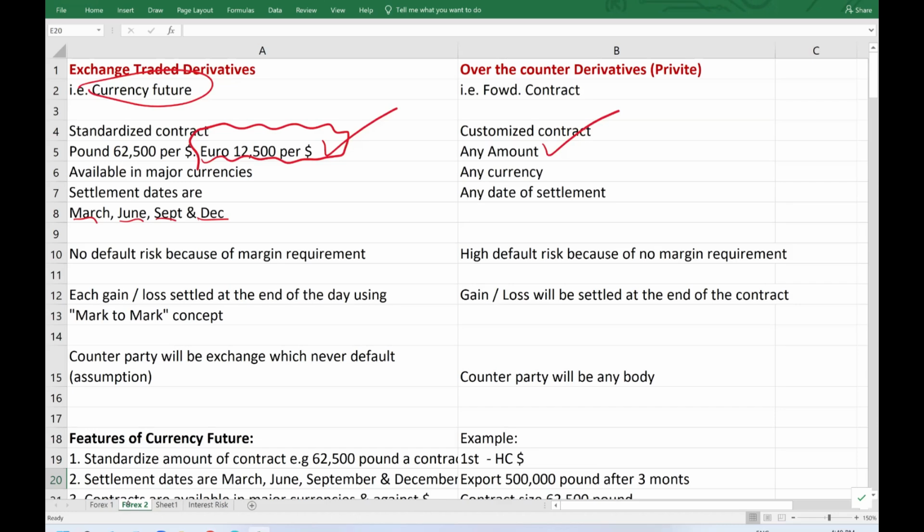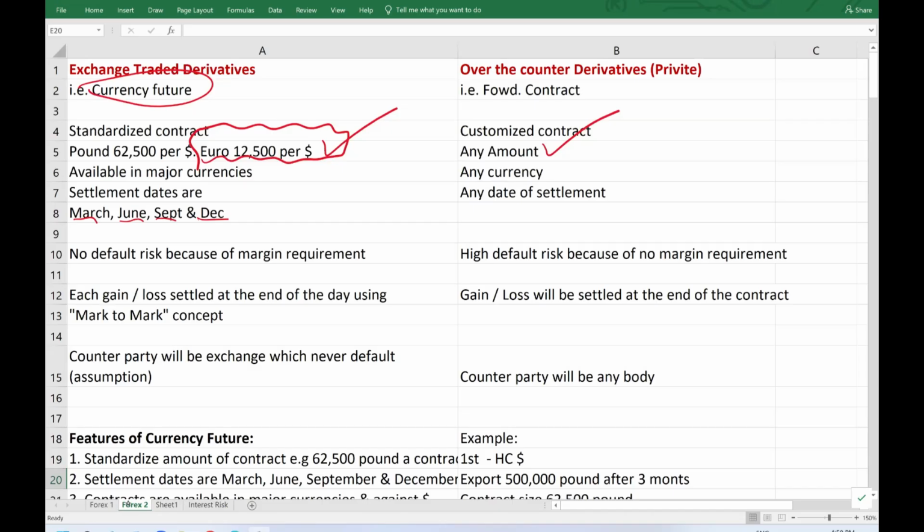If you want to buy two contracts, 12,500 times 2, 25,000. Let's say we want to hedge 26,000. We cannot hedge 26,000; we can only hedge 25,000 possibly. Four contracts, 50,000. Eight contracts, 100,000. You got my point?